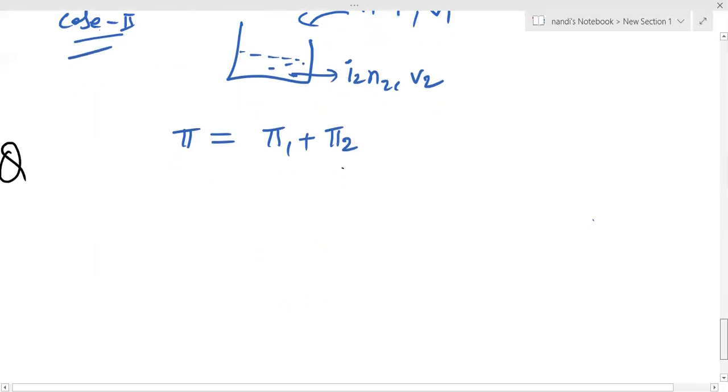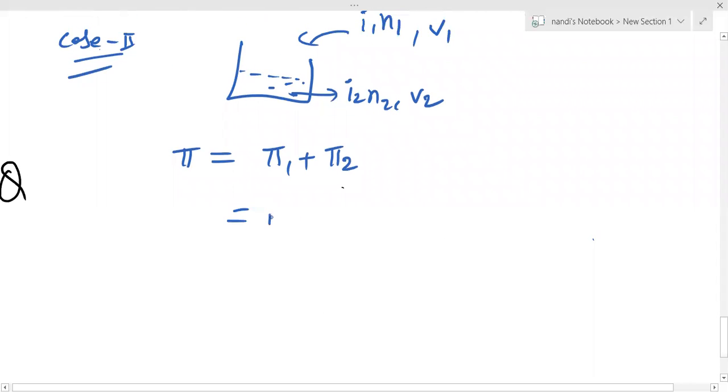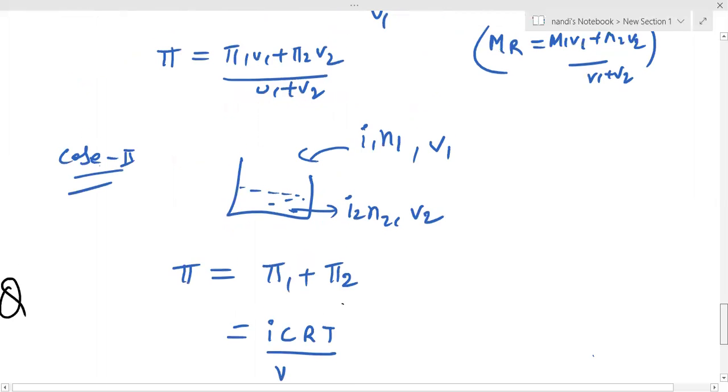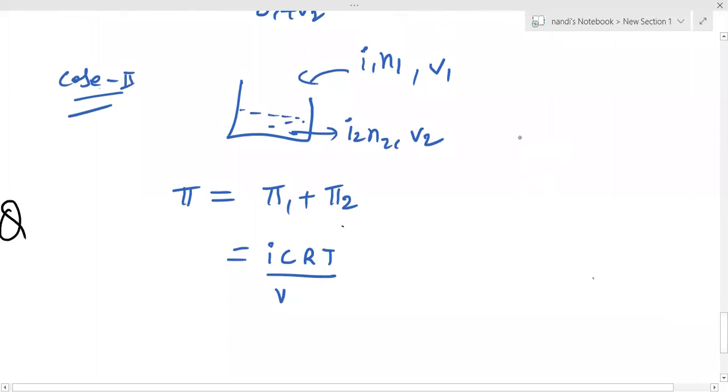Substituting, we get pi equal to i C R T by V. But we are mixing two solutions, which means the net volume becomes V1 plus V2. V total or V final becomes V1 plus V2. That's why I'm taking V1 plus V2 here. Pi 1 means I can take i1 C1, and that C I'm going to write in terms of number of moles. Is it clear?